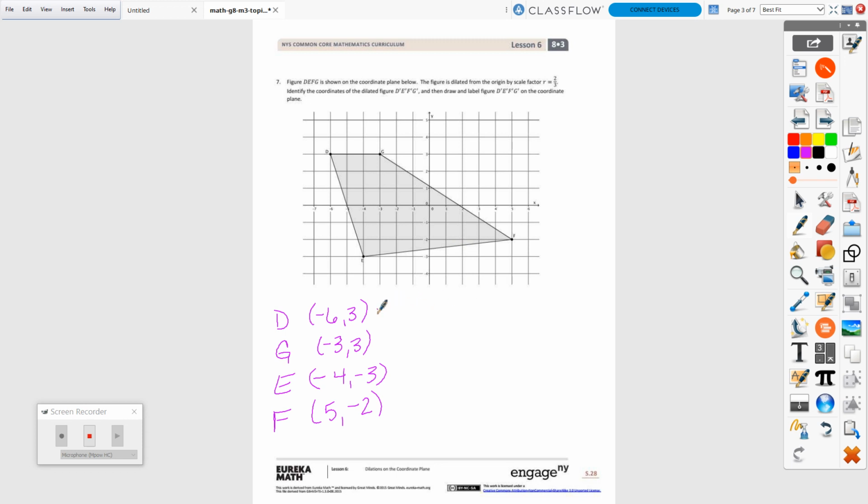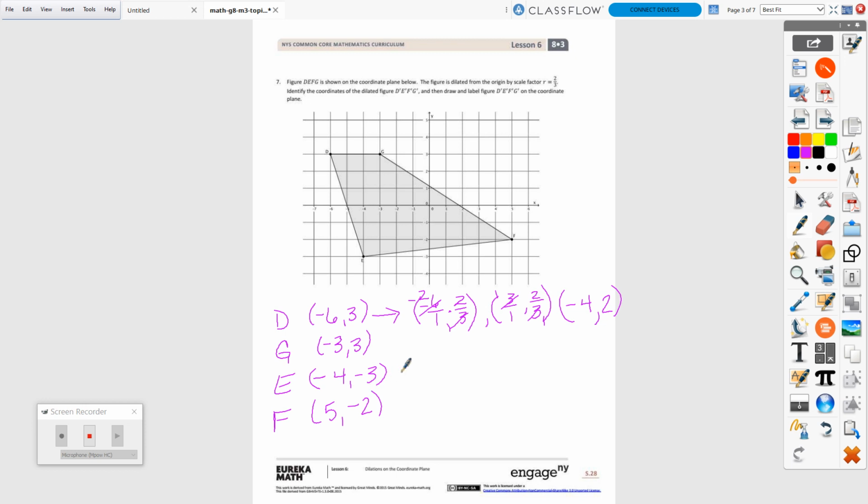Then when we go to fill in, our first is -6 times 2/3. Our second one then would be 3 times 2/3. We can cross cancel, multiply across, and we get -4. And in the second one, our 3's cancel, leaving us with 2.